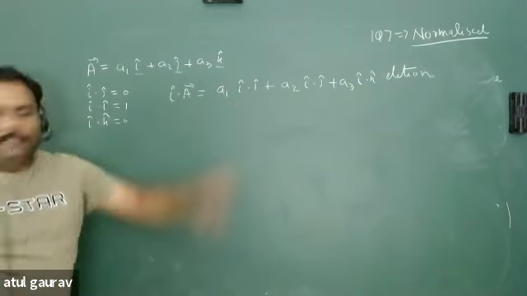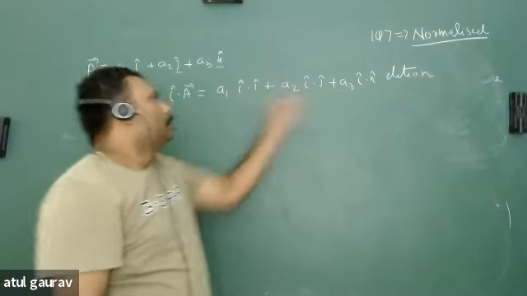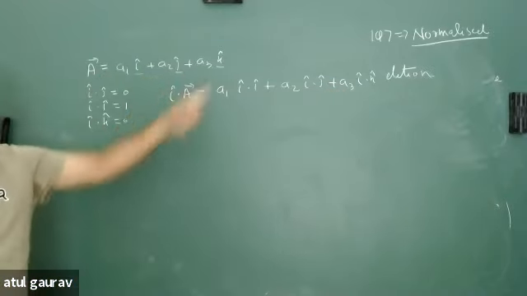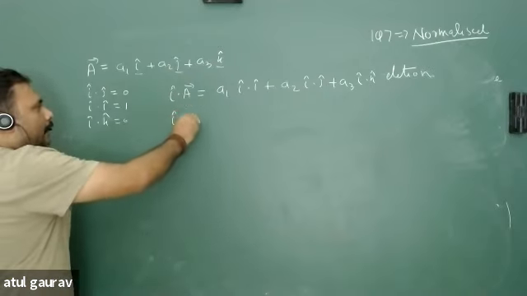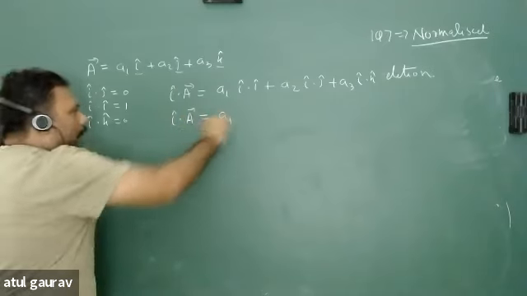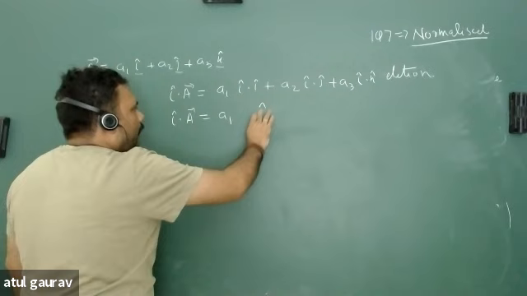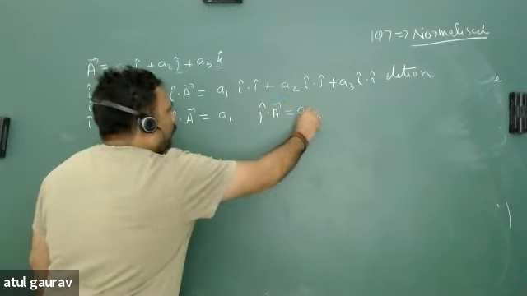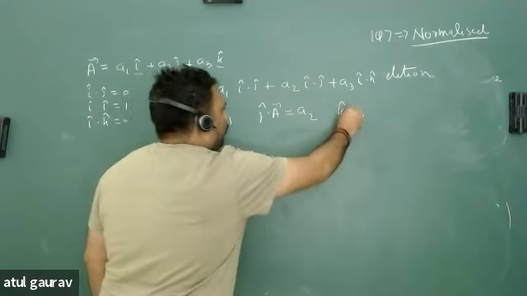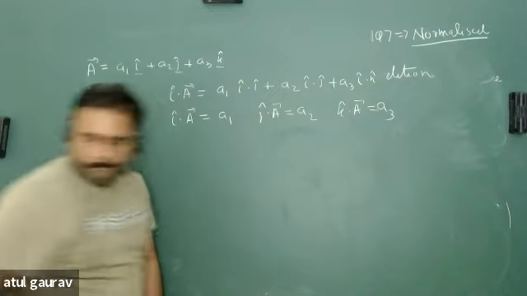And what will happen? i dot i is 1 and the other parts are 0, because I know these are orthonormal vectors. So i dot A is nothing but A1. Similarly, j dot A is nothing but A2, and k dot A is nothing but A3.